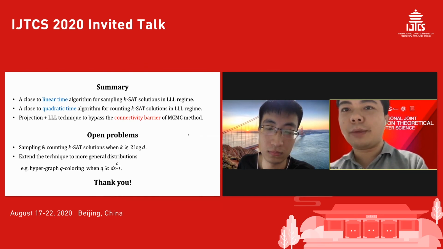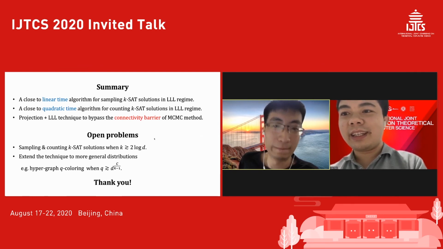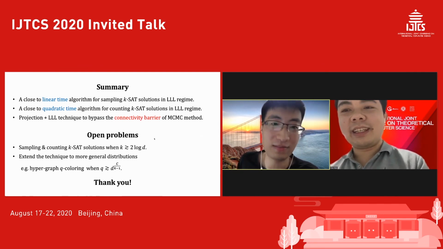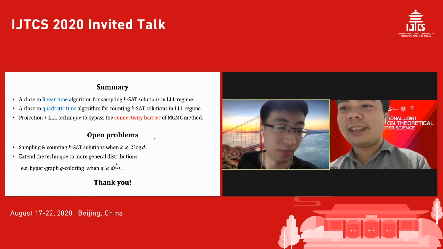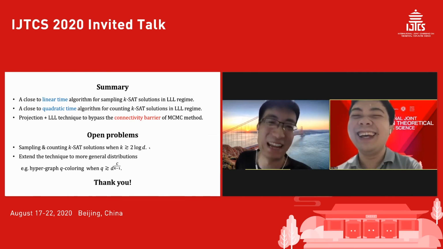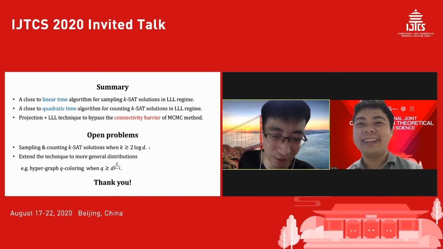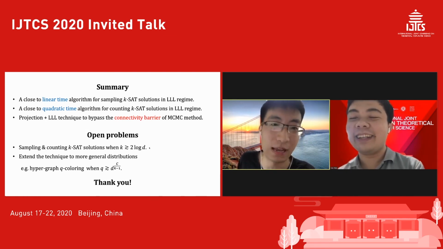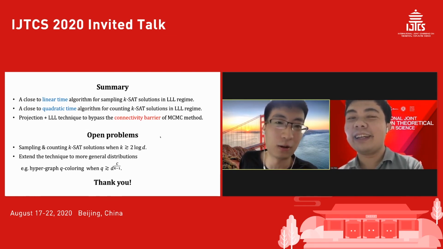Okay. The third question from the audience is that there's an epsilon to the power of minus zeta in the running time of your algorithm. What's the exponent of epsilon in previous algorithms? In previous algorithms, there are many. For example, the classical Markov chain method, the dependency on epsilon is very good. It's log 1 over epsilon.